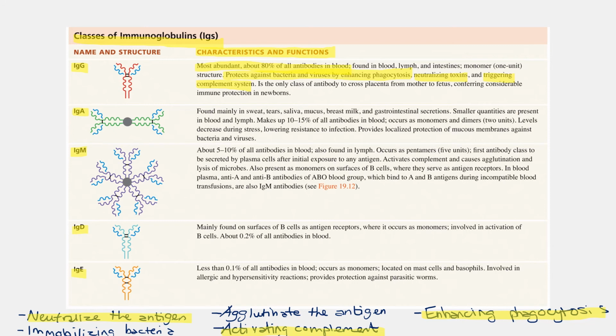One other very important thing about IgG is that it's the only class of antibody that can cross the placenta from the mother to the fetus. So in this way, we give considerable immune protection to newborns. Whatever the mother becomes immune to because of these antibodies, it will cross the placenta and also add that immunity to the fetus.